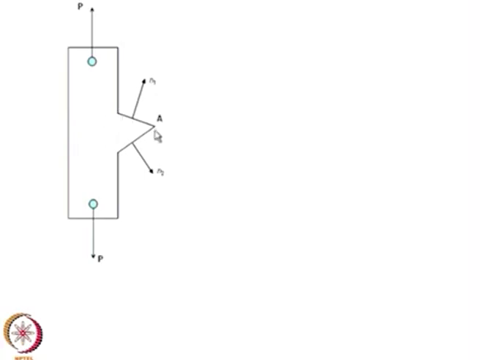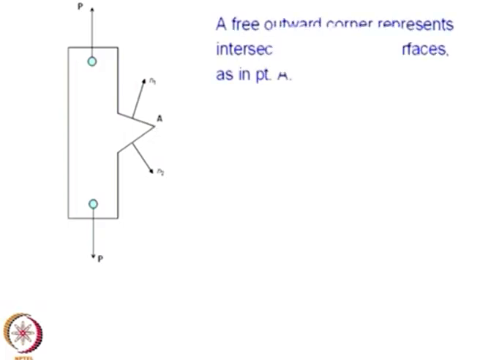Suppose I have an outward corner. From my knowledge of stress vectors I can show that this tip stress tensor has to be 0, a very useful piece of information.